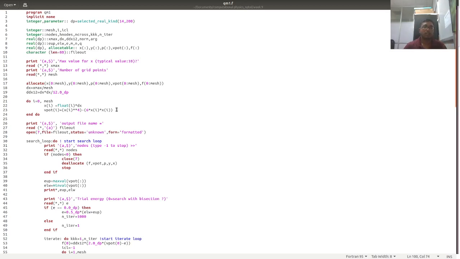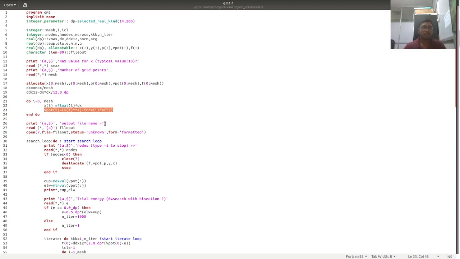The potential will have a form of x to the power 4 minus 6x square, with p equal to 1. That is essentially what I have written in this line.